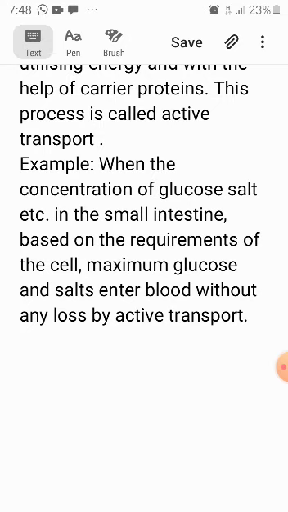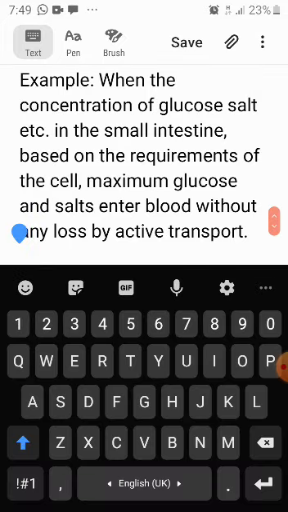If the glucose or salt level is very low in our small intestine, this low amount is not wasted. These glucose and salts are also absorbed into the blood through active transport, from lower concentration to higher concentration, with the help of protein molecules and using energy. This is an example of active transport.